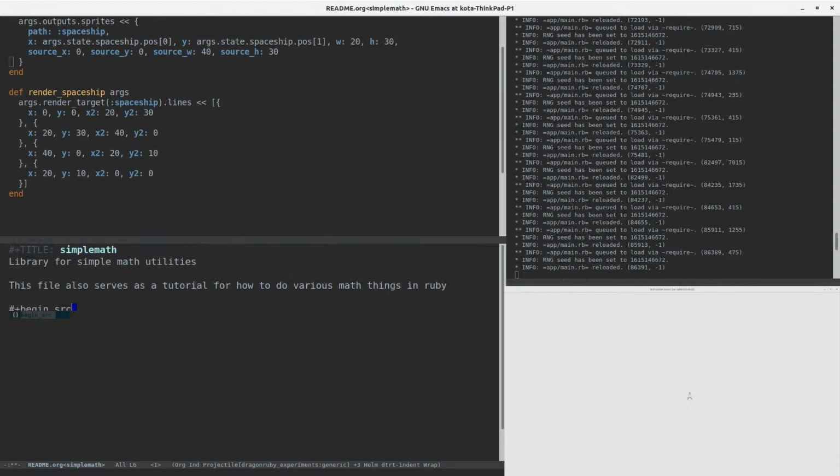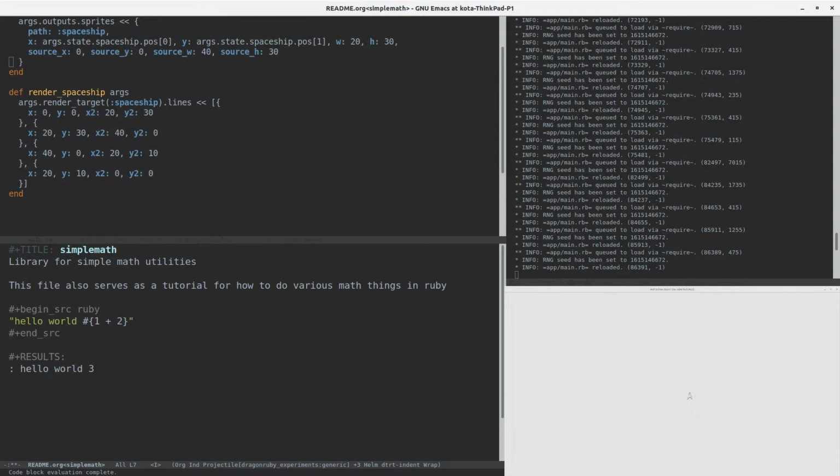This is actually pretty cool because it's kind of like a Jupyter Notebook, where I can write, for example, hello world. And then if I hit control, you can see it returns things.